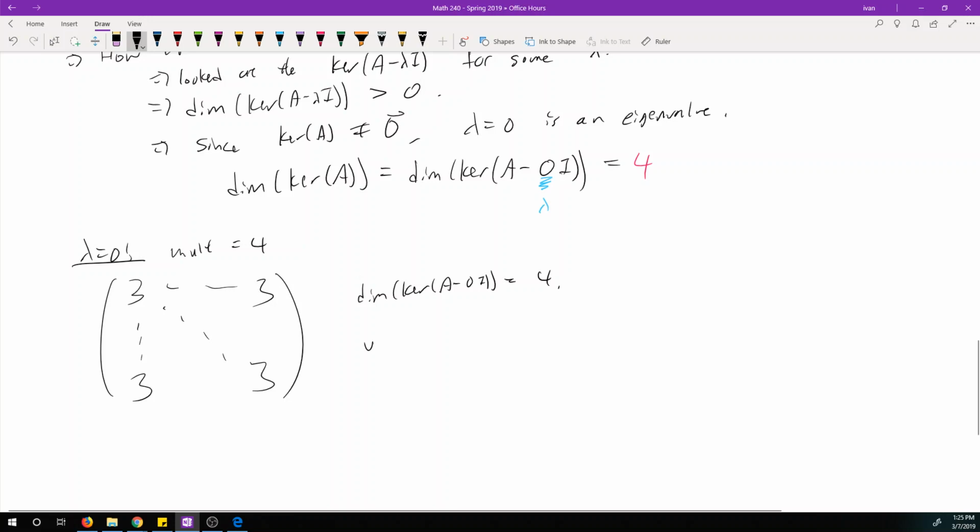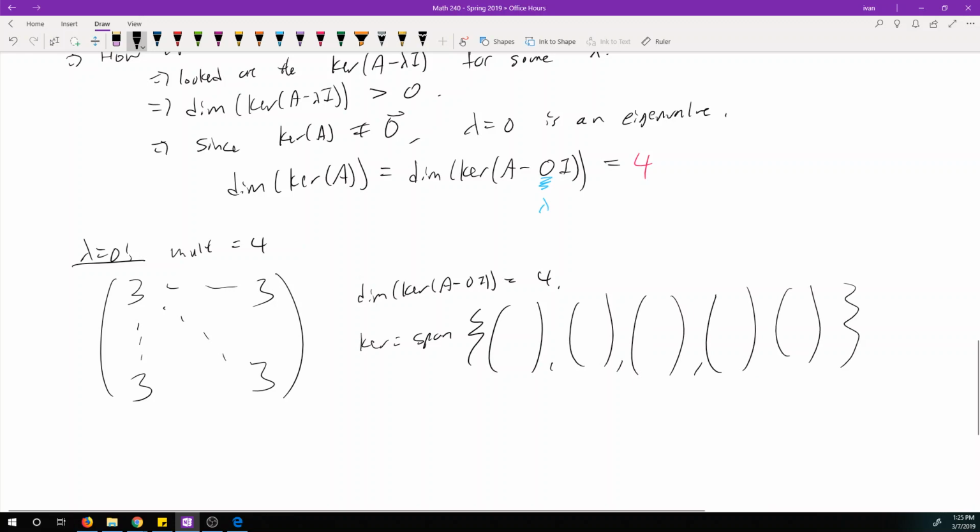So now the kernel is equal to the span of 4 vectors, and so I need to find 4 vectors. And so what are the 4 vectors? Oh, that's 5 entries. So they're going to be the following.